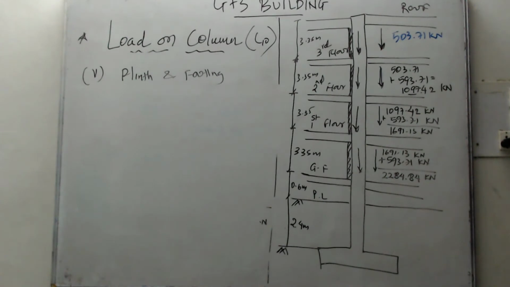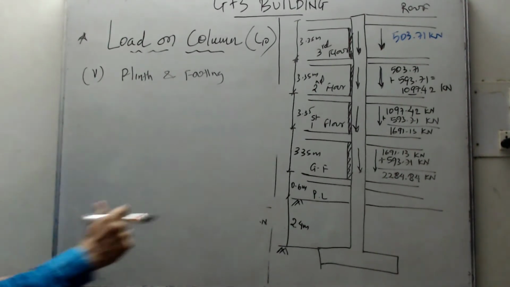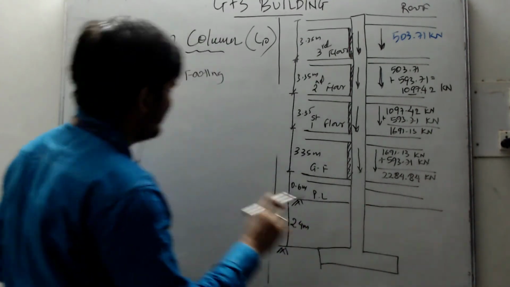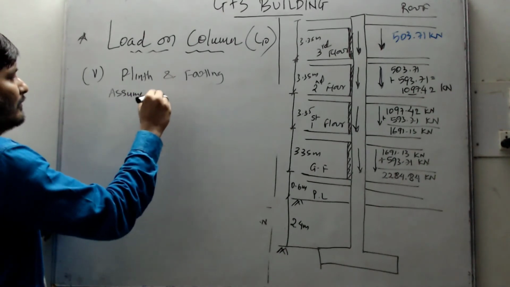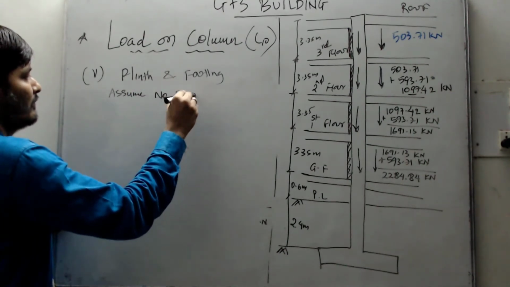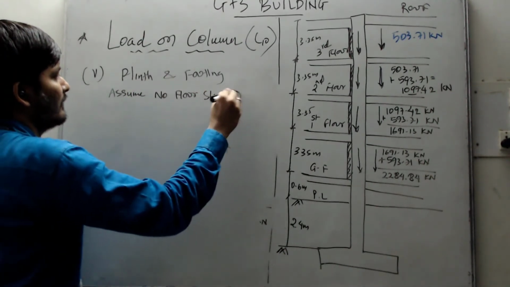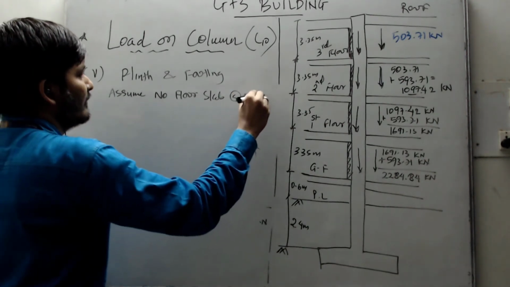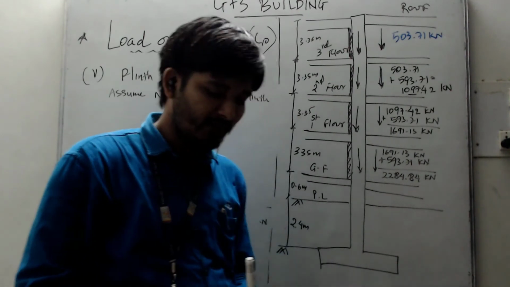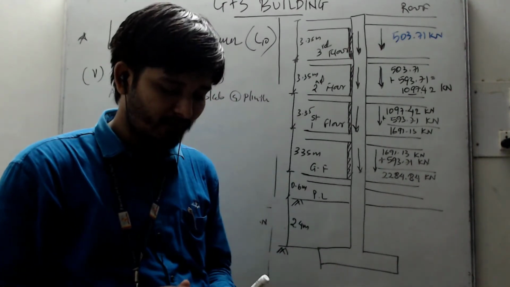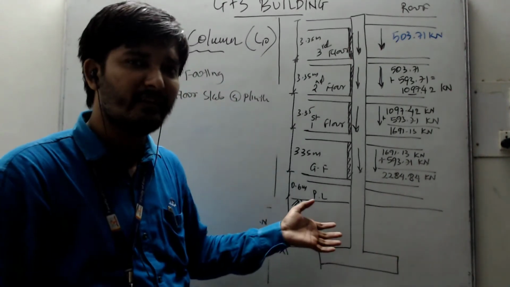Alright, so for that we are assuming that there is no floor slab at plinth. At plinth level I am not casting any slab, right? Now why is this important? In many places we cast this floor slab if you are using this for heavy parking, right?